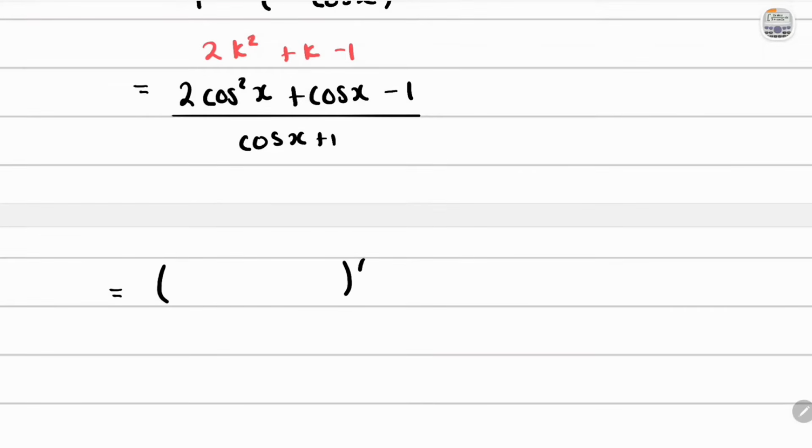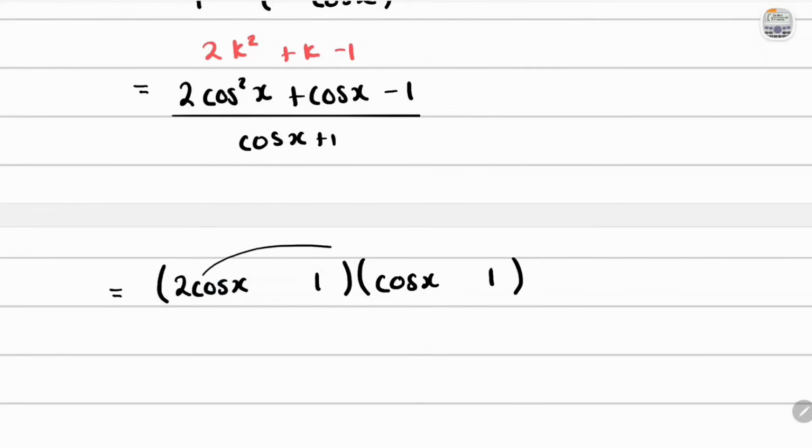We'll open up 2 brackets, and we have to say what times what gives us 2 cos squared x. That will be 2 cos x multiplied by cos x. And what times what gives you a 1? Well, that will be 1 times 1. But remember that this is the negative 1. So we need to have it be negative at the end, but when added, it should give you positive cos x. Think about it like this.